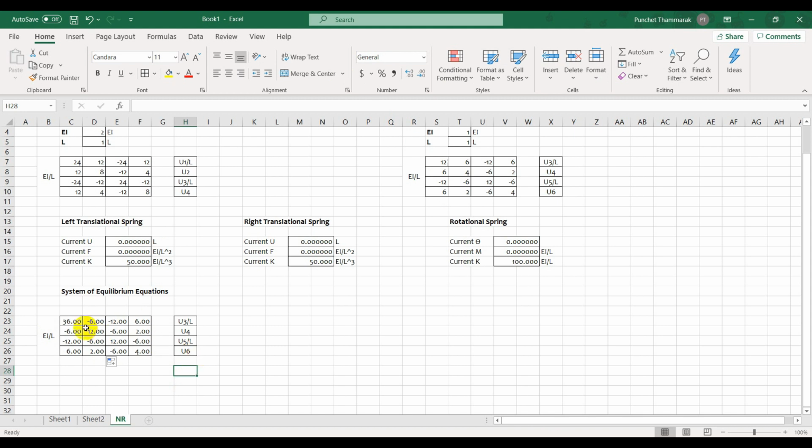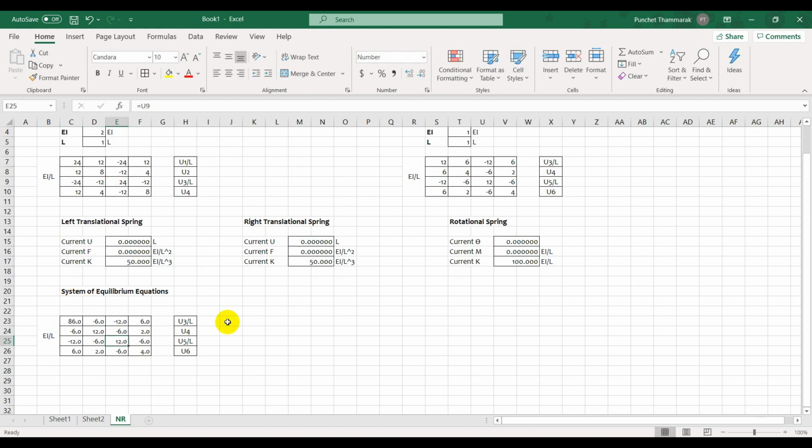And then I plug in the spring stiffness. I think I shut it out and went one step down. So I plug in the spring stiffness. The translational spring on the left is at U3.